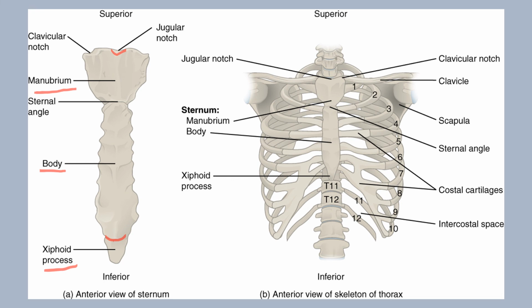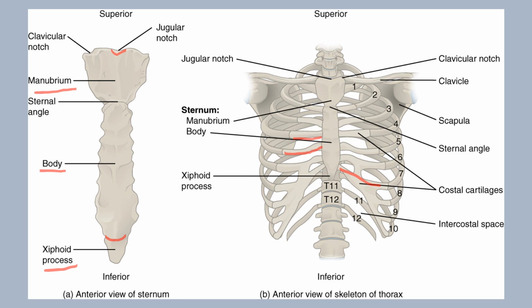Ribs 1 through 7 are known as the true ribs because on the front, with the ribs, you have the bone, and then right here, this difference in color is showing that you do have cartilage that then attaches directly to the sternum itself. And so 1 through 7 do attach directly to the sternum.